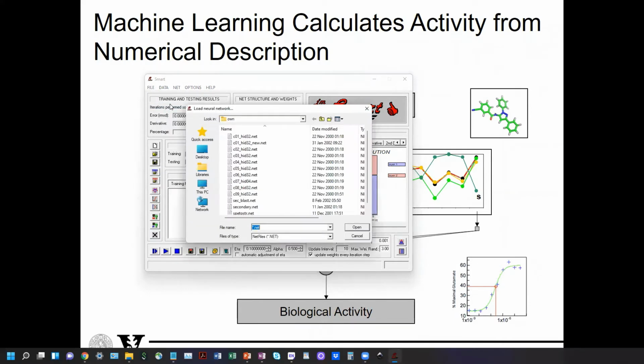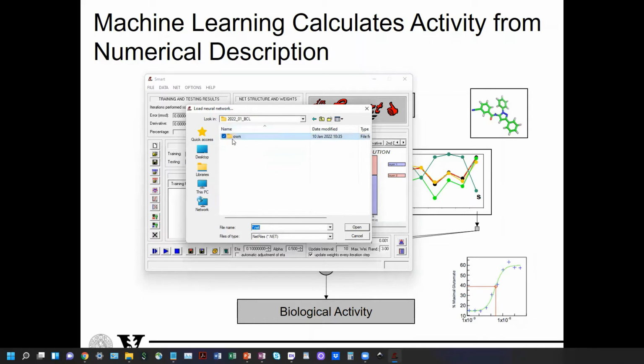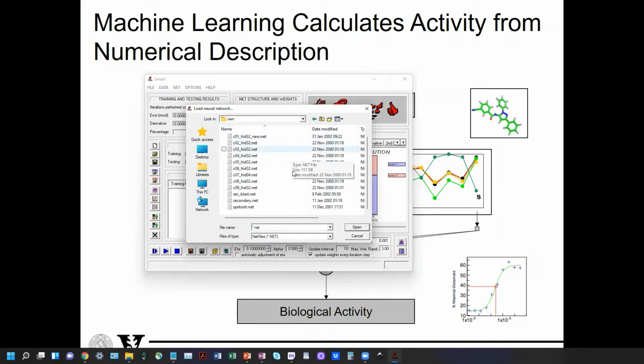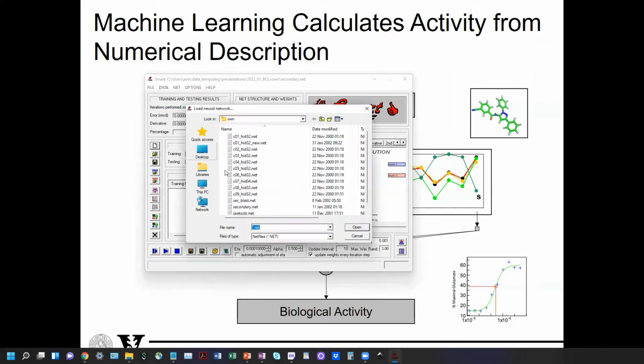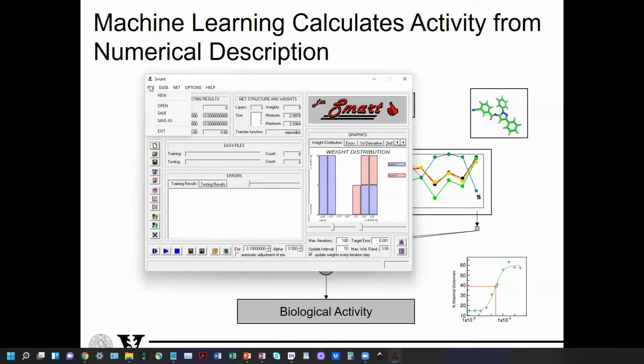Let's say secondary structure prediction, and then you could load your data and do the training.